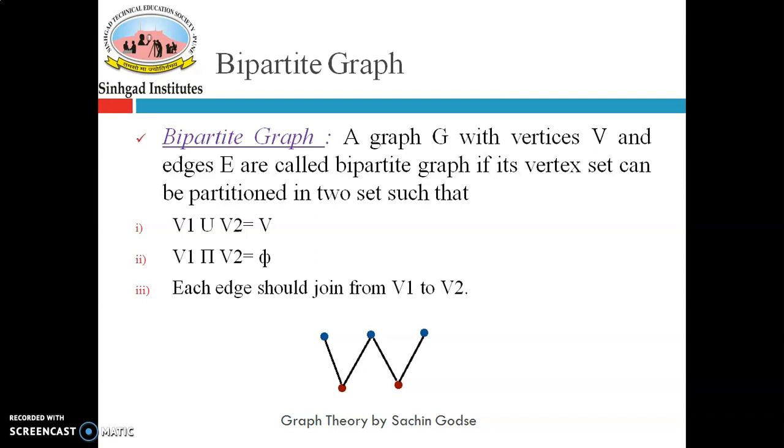Means an edge will exist in the graph only if the first vertex is from V1 and the second vertex is from V2. So here you can see that this graph's vertices are divided into two sets. V1 is shown by the blue vertices, and V2 by the red vertices, and every edge in the graph is always from V1 to V2.